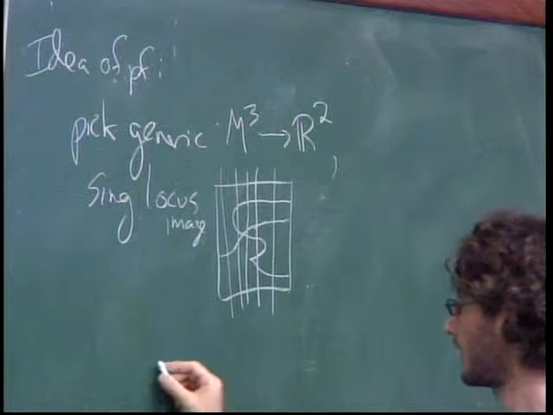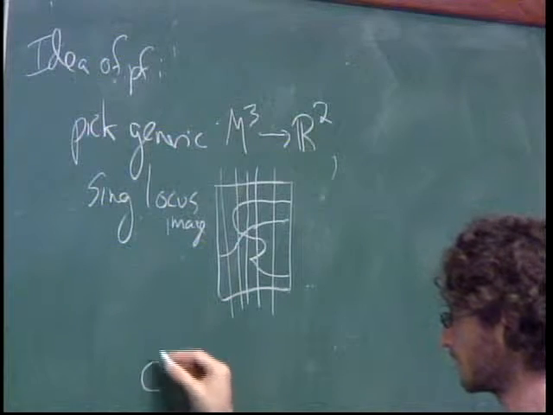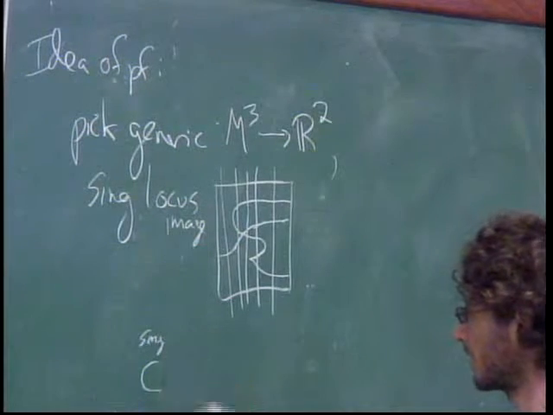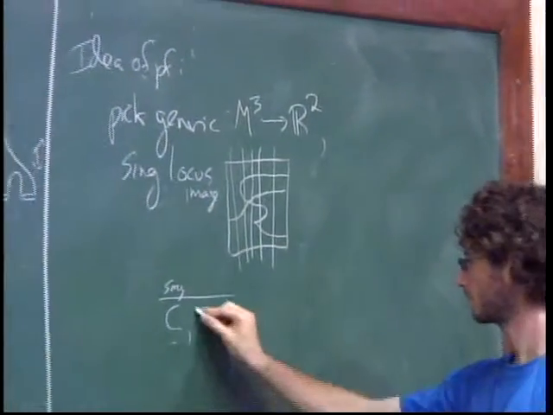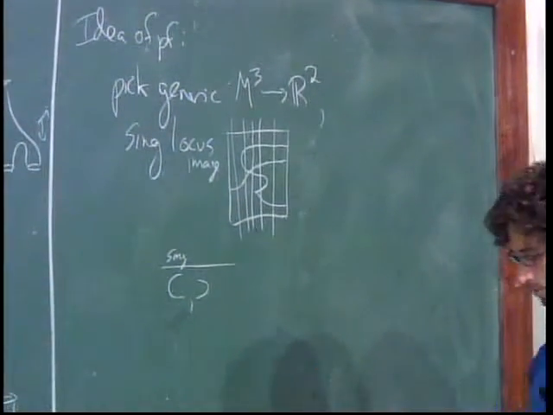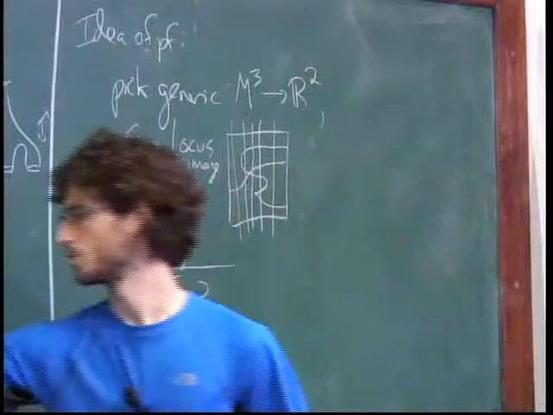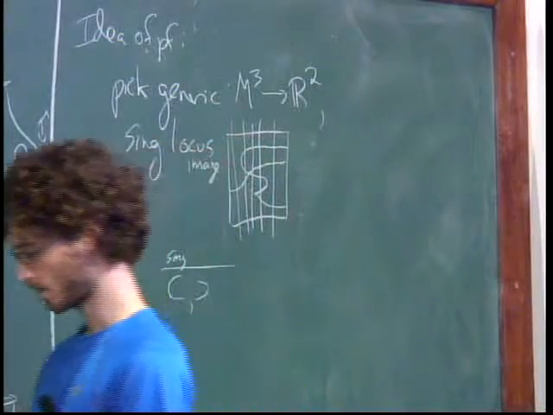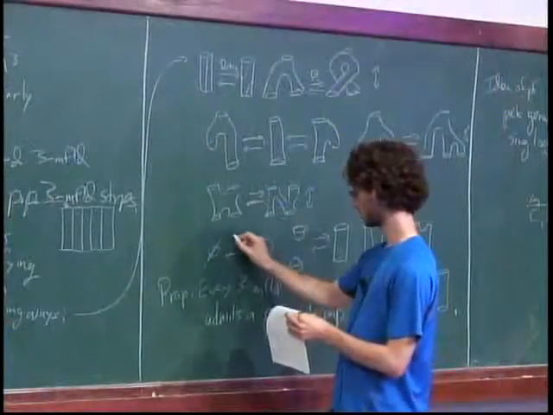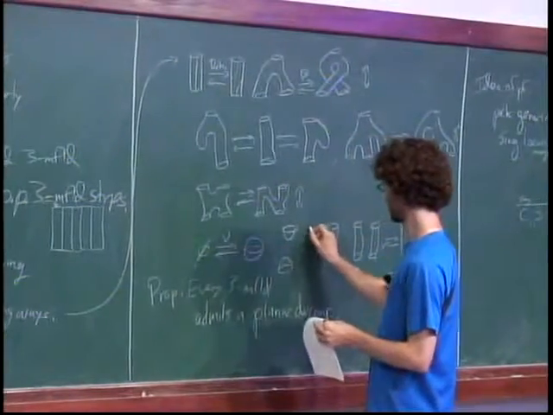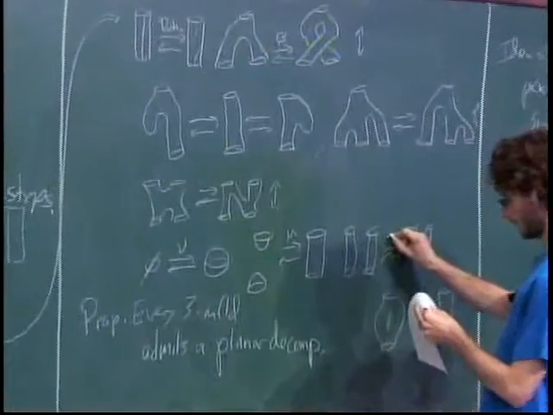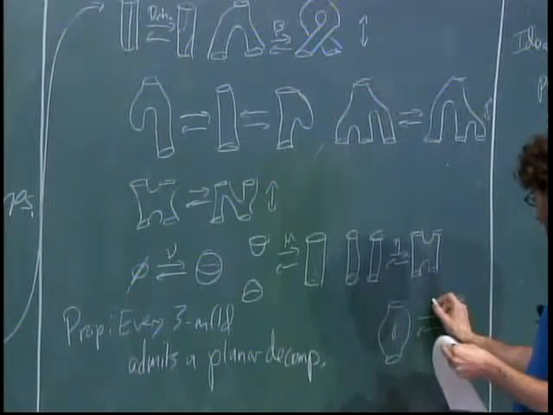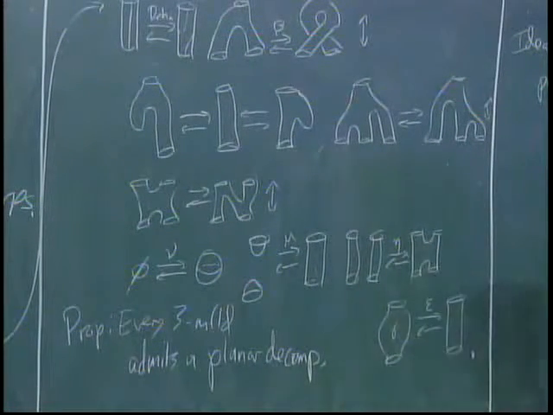If the singular piece looks like a cup or a cap, that's when the real three-dimensional Morse stuff is happening. I might want to name these: this is nu, mu, eta, and epsilon.